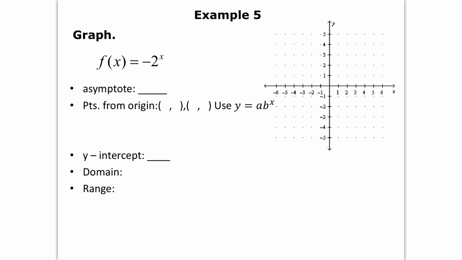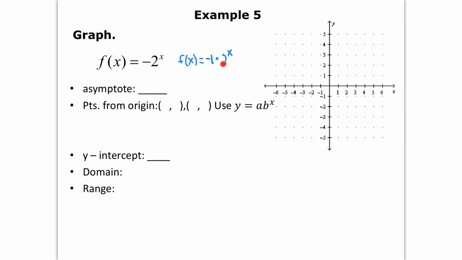So let me just rewrite this again so you guys can see the a value with the negative. So f of x is going to equal -1 times 2 to the x exponent or the x power. So notice that I separated the -1 from the 2.